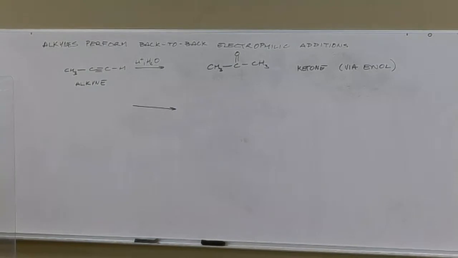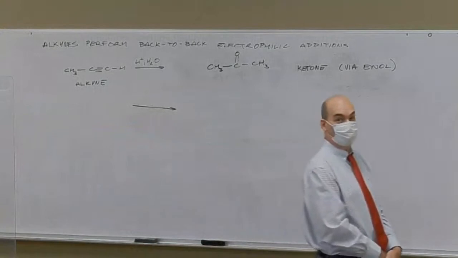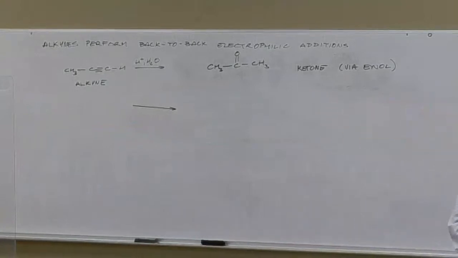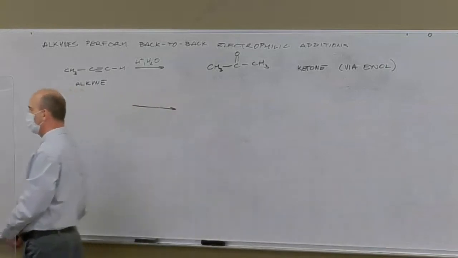So, on that sheet that everybody turned in, there were at least 2 named reactions. How do you turn an alkene into an alcohol?